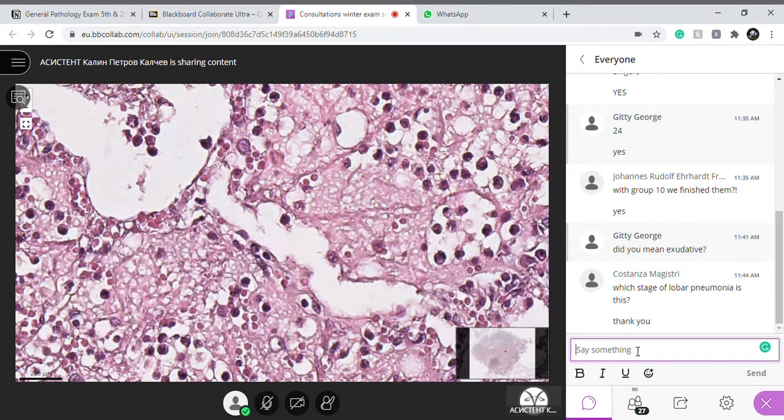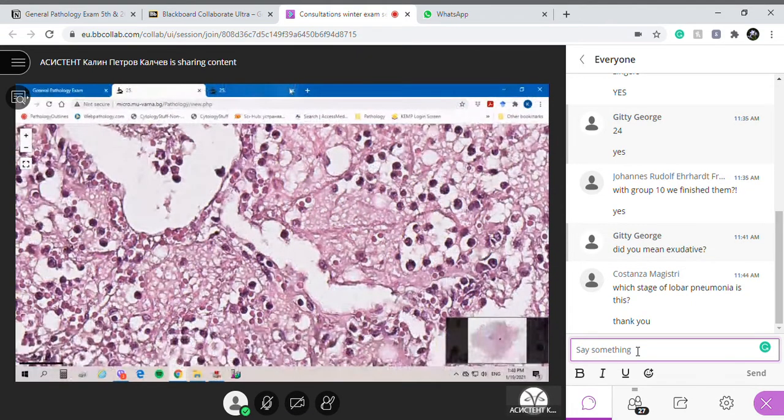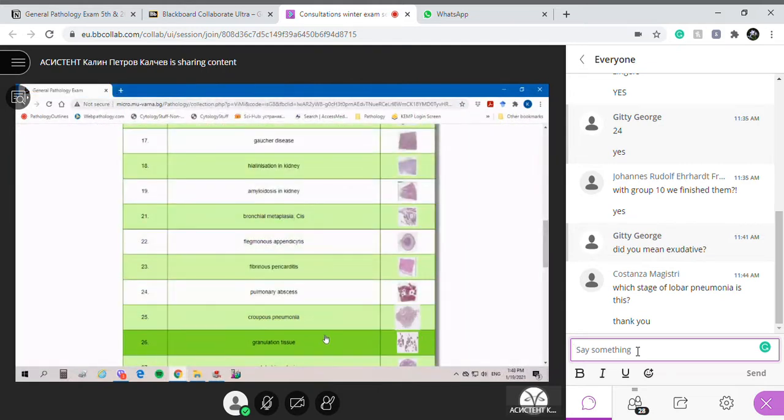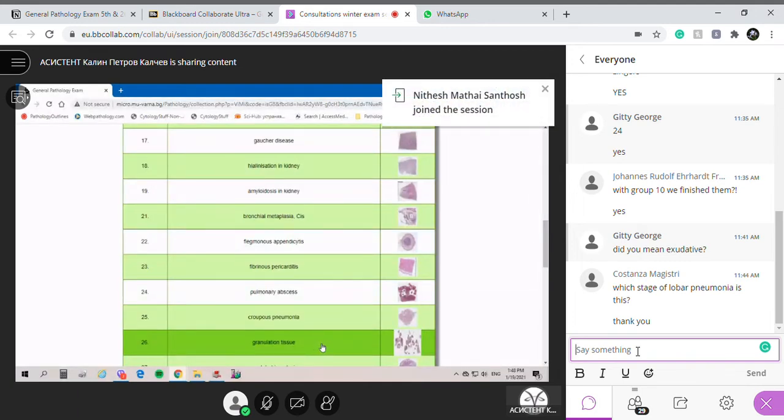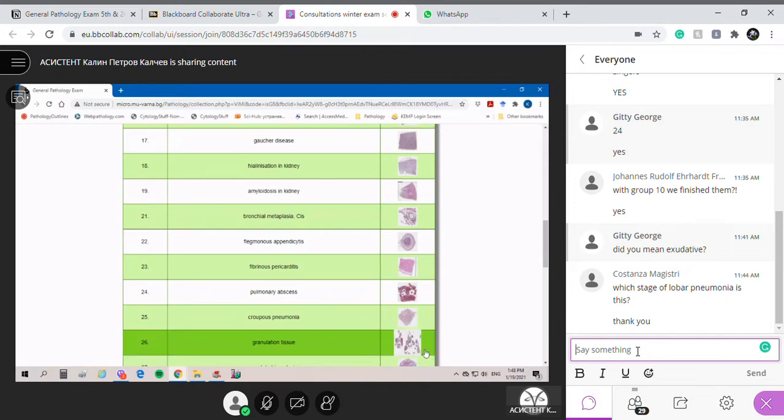Okay, so we continue with the chronic inflammation in slide number 26. So about the granulation, about the chronic inflammation, you know that we have several general types of chronic inflammation.